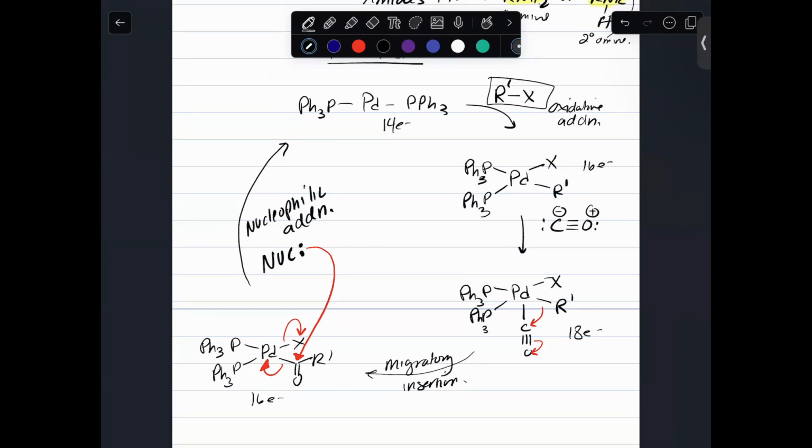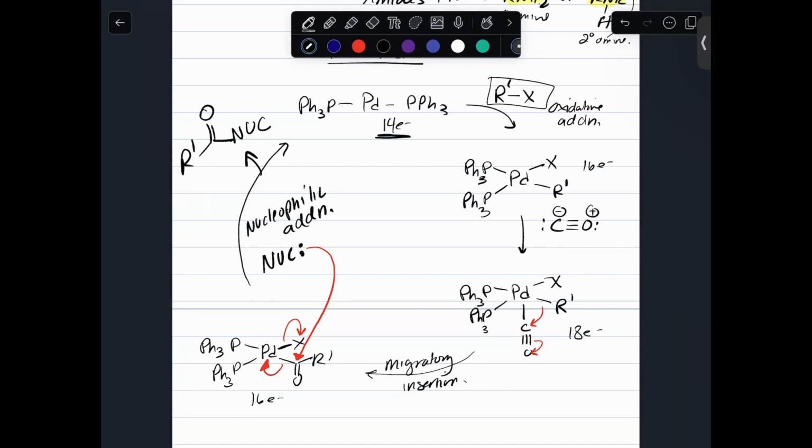Once the nucleophile attacks and the palladium gets its electrons back and the leaving group pops off, we are back at 14 and we have formed our carboxylic acid derivative. Okay. Really clever how it was worked out.